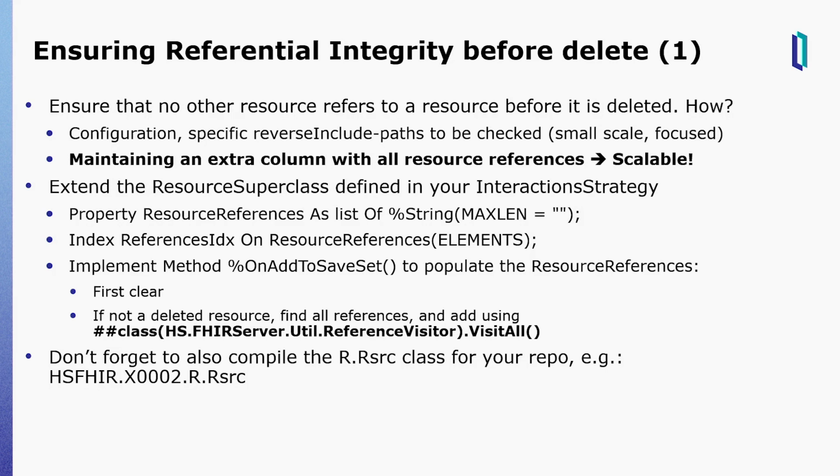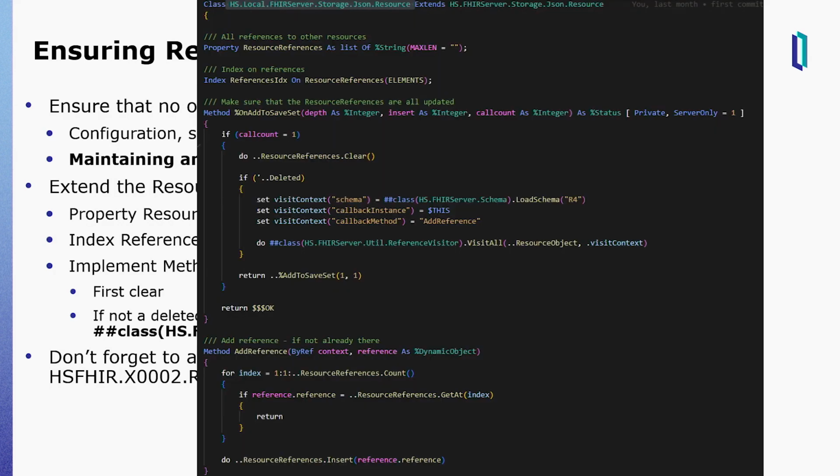Let me just show you how that looks. So here we could use the reference visitor. We need to reset that list every time; for create it wouldn't be necessary, but for update we need to reset it.